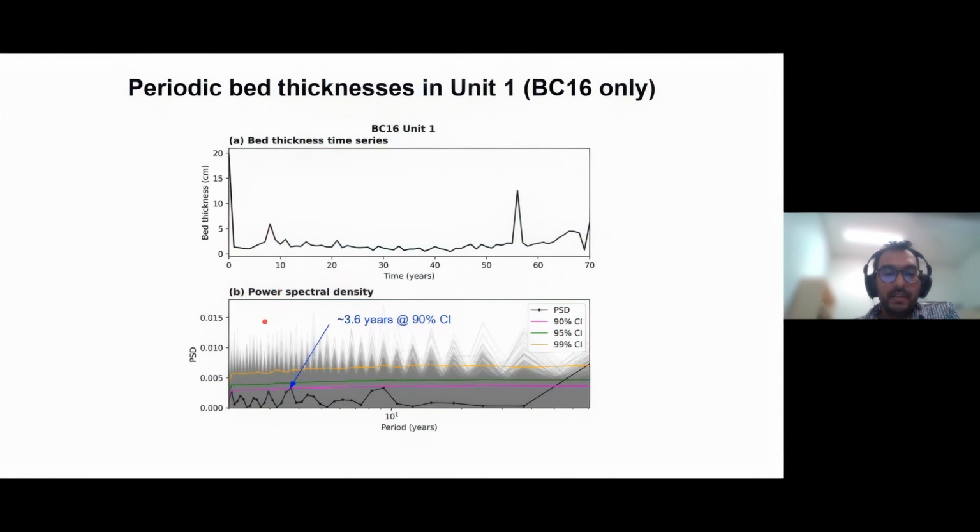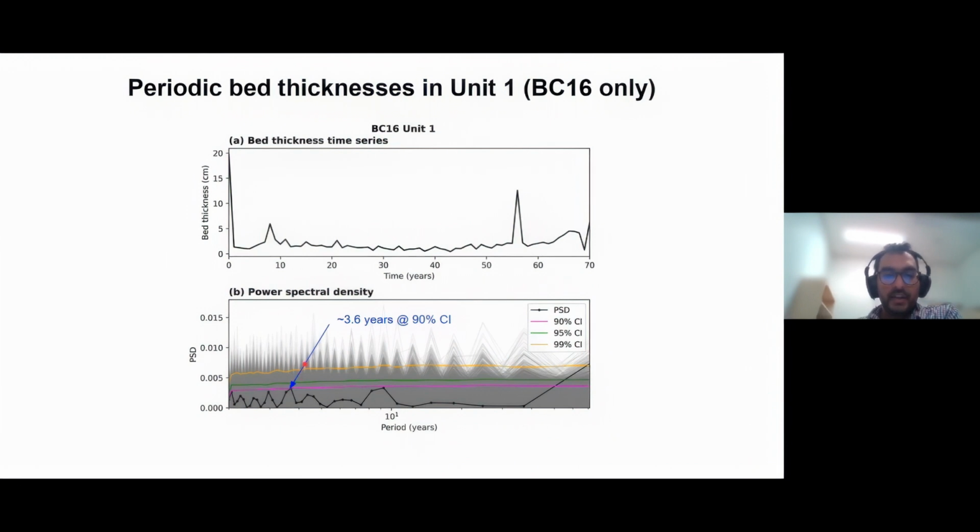And the figure on the bottom shows the power spectral density plot. The power spectral density is the black curve. And we have 3 other curves, a purple one, a green one, and a yellow one. Those show the confidence intervals at 90, 95, and 99%.